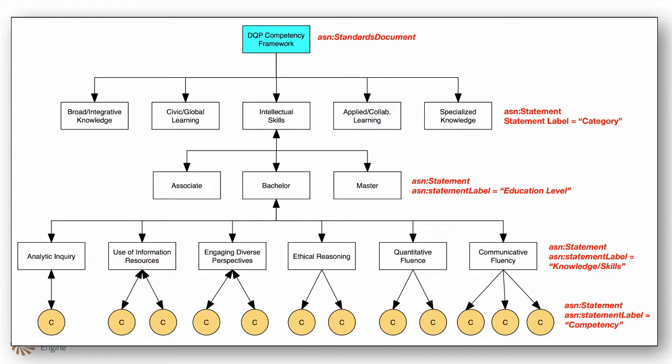I thought it might be useful to look at my distillation of the DQP competency framework. What you're seeing, if we begin to translate this into ASN, is at the top a standards document, the DQP competency framework as a whole.